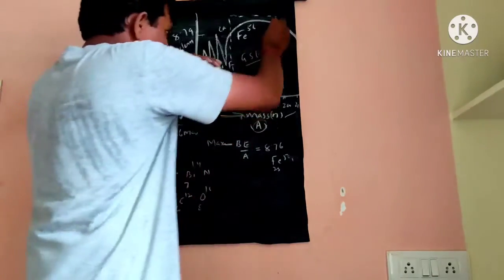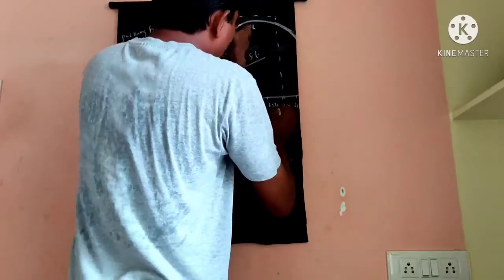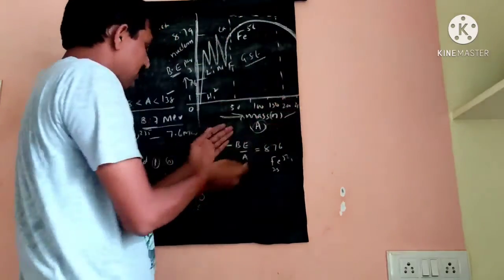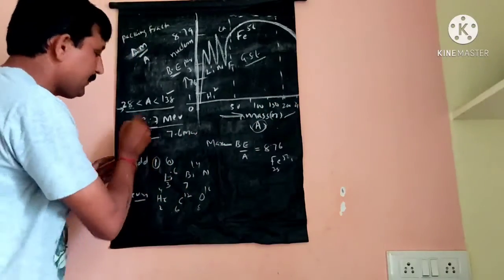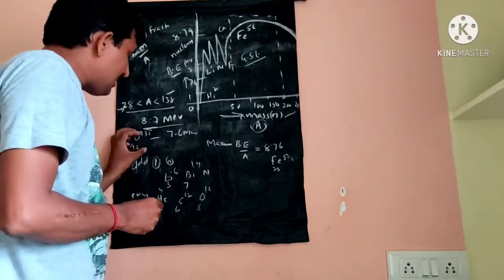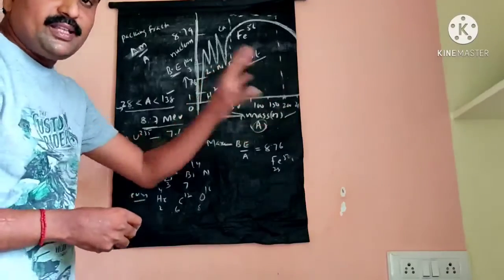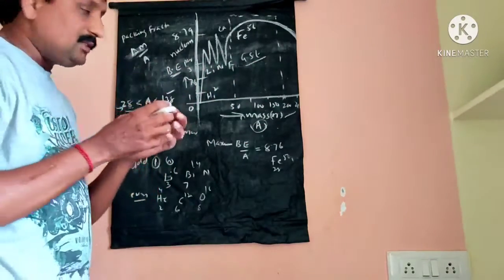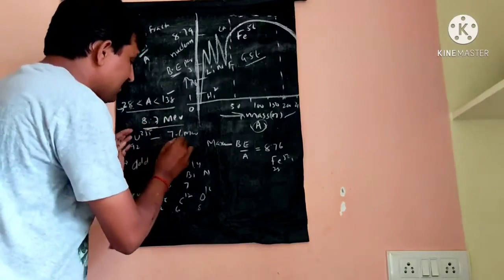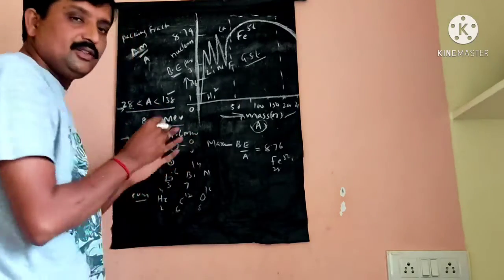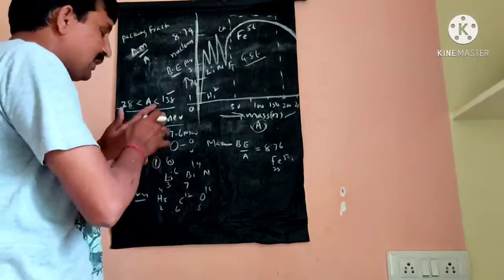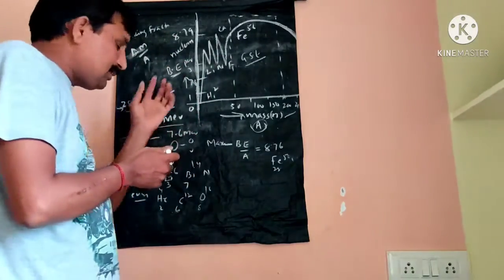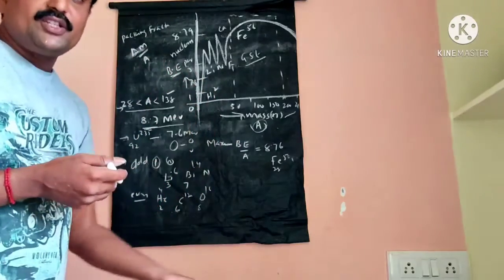In the case where the mass number is more, what happens? When the mass number increases, for example if we take uranium, a heavy nucleus, due to the internal forces of the nucleus, the nucleus is divided into two parts. When the heavy nucleus divides into two nuclei, it loses some amount of energy.